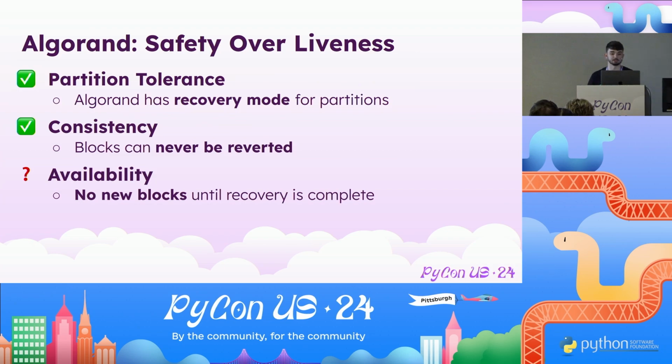On other blockchains, it's possible that you may think your block was added to the network, but it then ends up getting reverted. This means, however, that while we're in recovery mode, we can't add any new blocks. So the decision here was we thought it was preferable to ensure that all the data written to the chain was always correct, rather than sometimes allowing essentially incorrect writes.